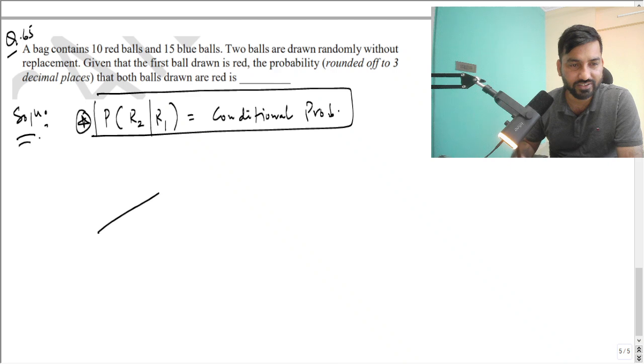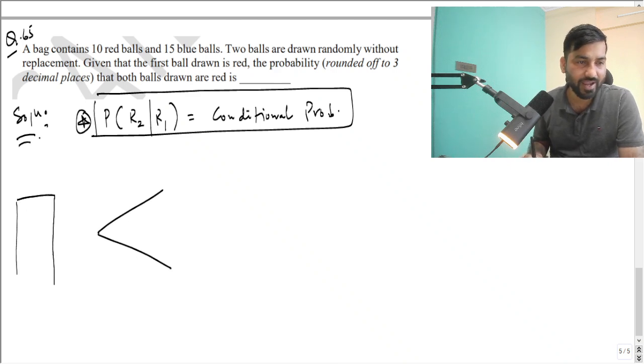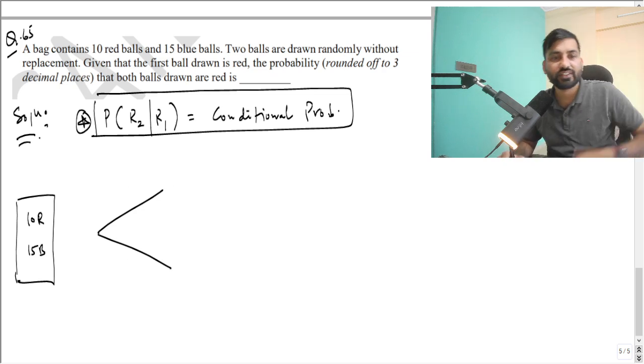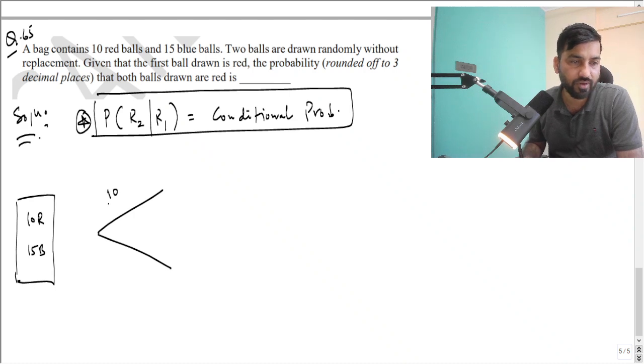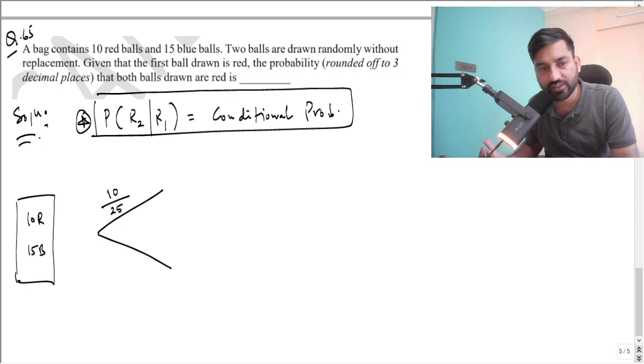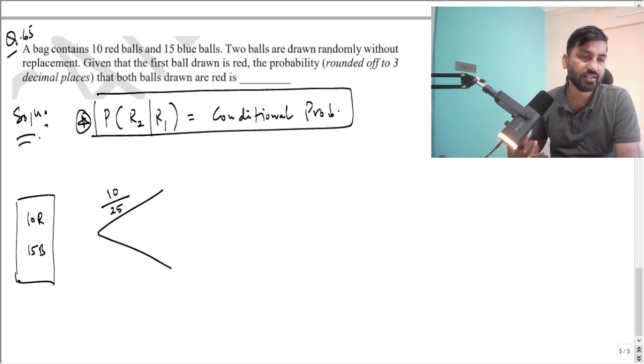So first of all, let's say you have got a bag, understand, and there are 10 red balls and 15 blue balls. So how many balls are there in total? 25. So let's say you are taking out a red ball first, so the probability is going to be 10 by 25, since total balls are 25 and 10 red balls are there.